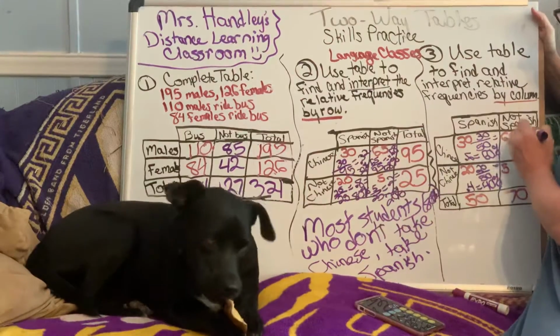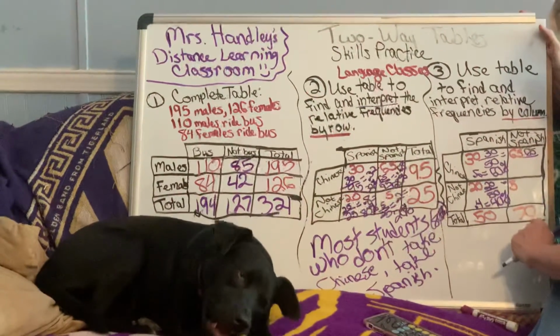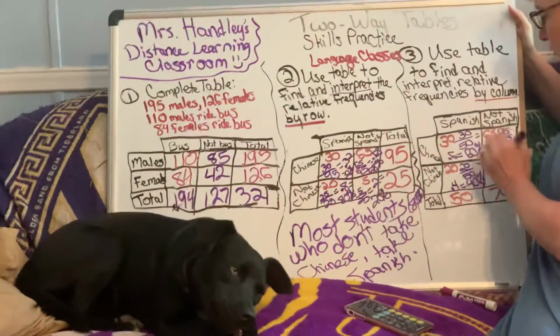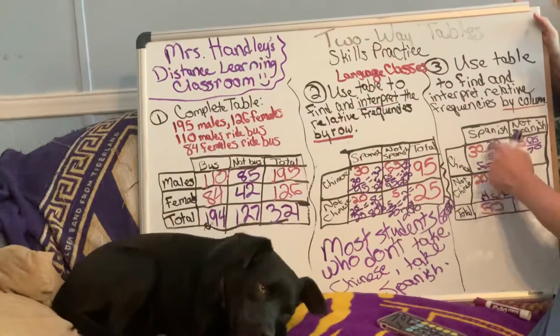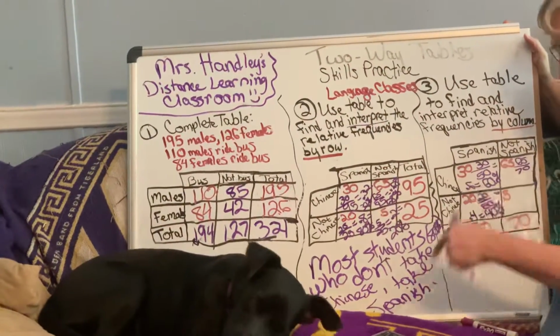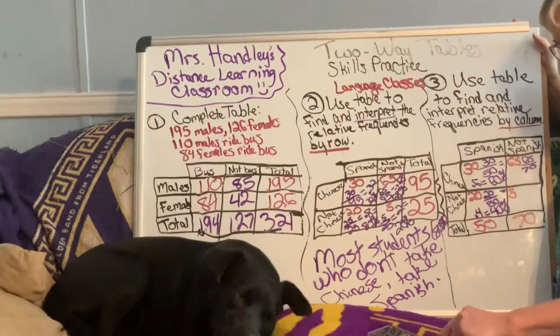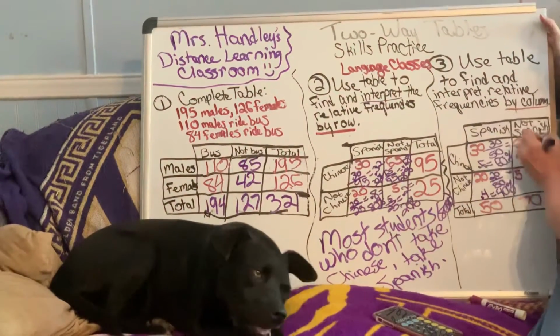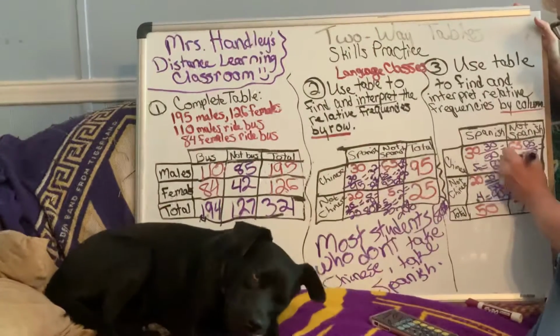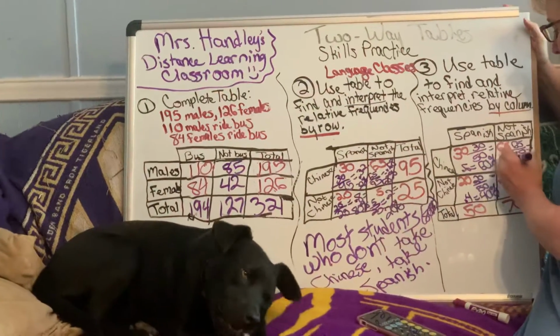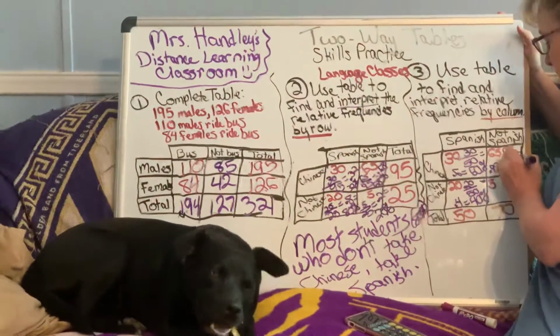And 65 over 70, because this is our total here. Make sure that you're using the total in that column and that you don't mix up your totals. 65 divided by 70 is 0.93, or 93%.